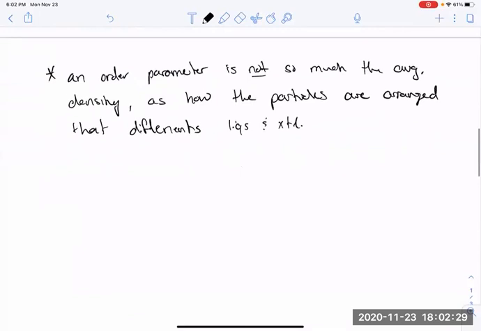And precisely, a crystal is going to lack translational and also rotational symmetry.